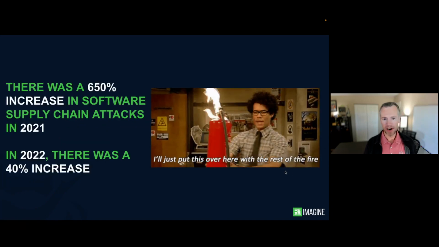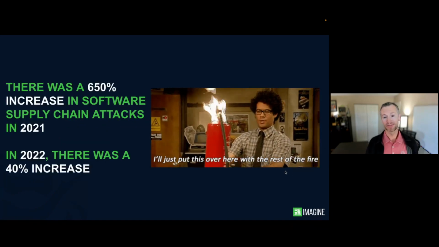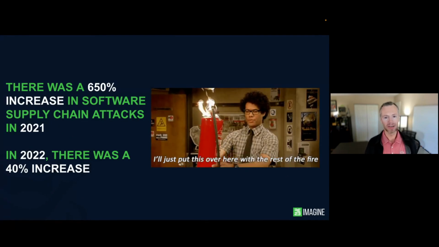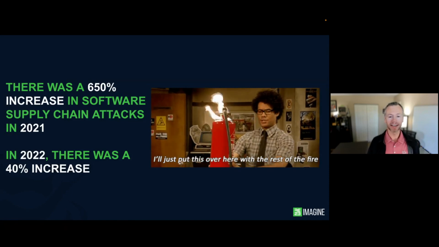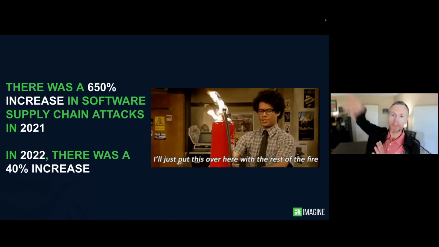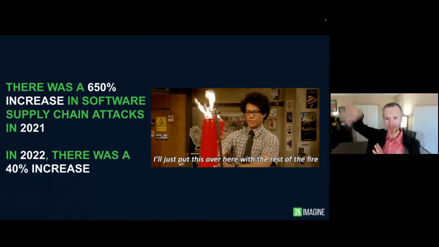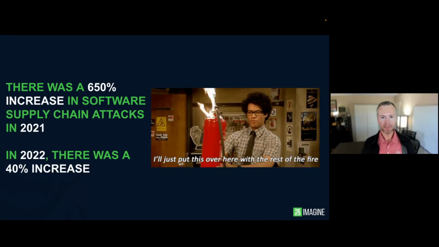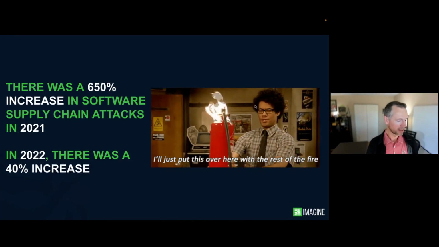And I hate to be the bearer of bad news. It was twice that. There was a 650% increase in software supply chain attacks in 2021. And then in 2022, it went up yet another 40%. So there's this hockey stick effect happening with software supply chain attacks.